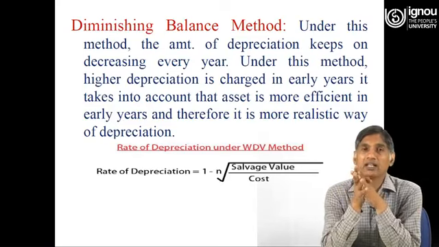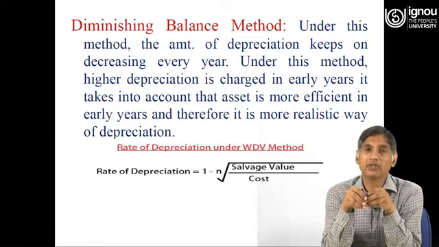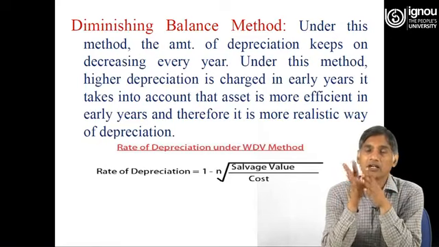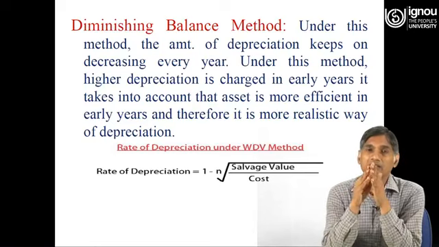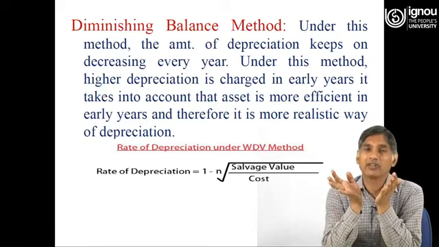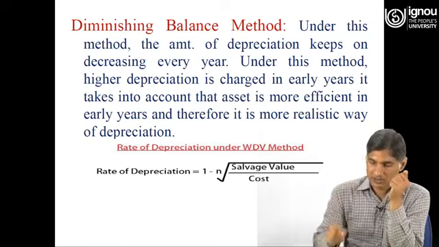But in the later years the amount of depreciation will be less, but on the other side the amount of repairs will be more. So this way it gives a very true picture as far as the amount of depreciation is concerned.